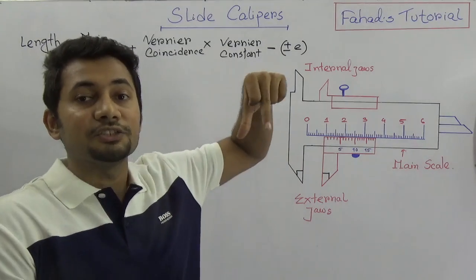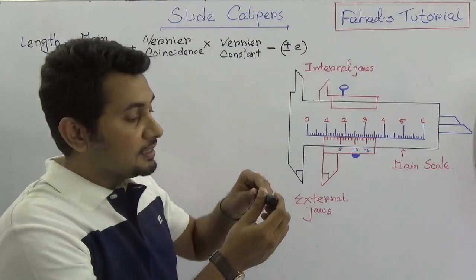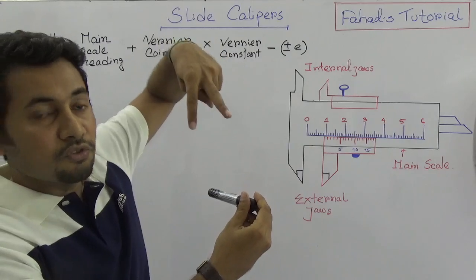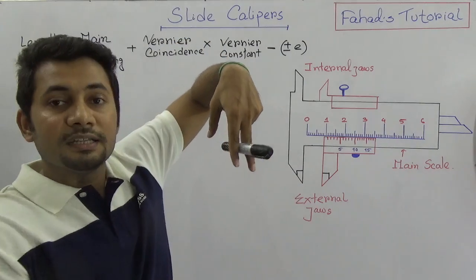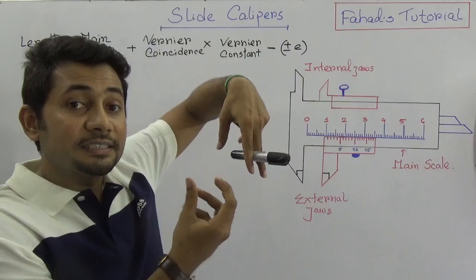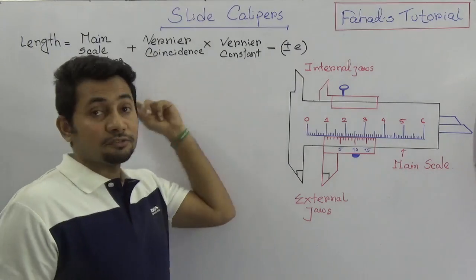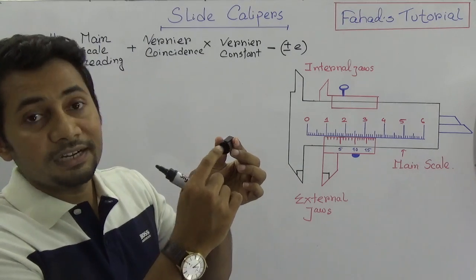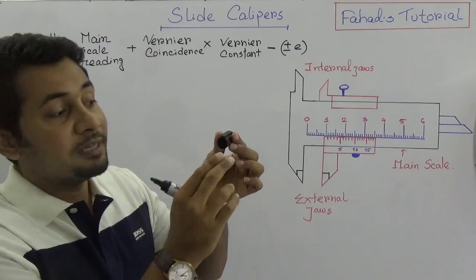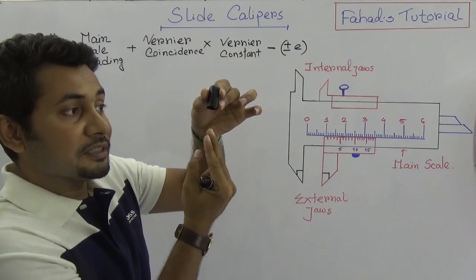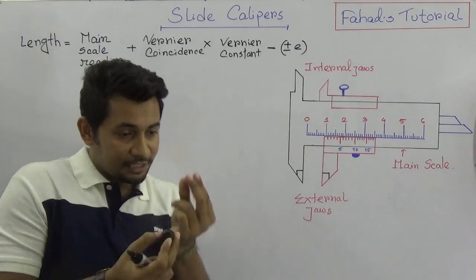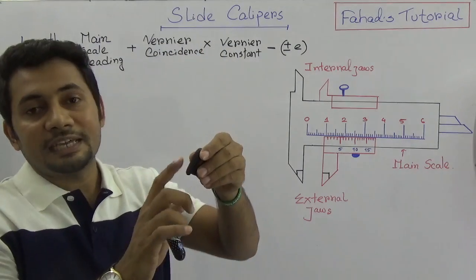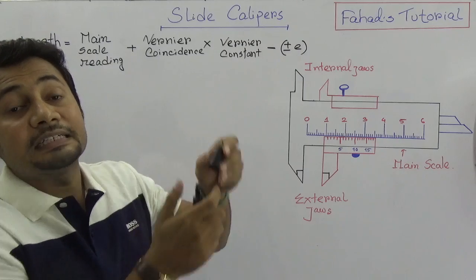Suppose this is a marker and I need to find its diameter. We place the external jaws around this marker, and it gives us the reading for the diameter. But if I want to find the internal diameter of this cap, I need to put the internal jaws inside and attach them to the upper side of the lower case of the cap, so that I can find the internal diameter.